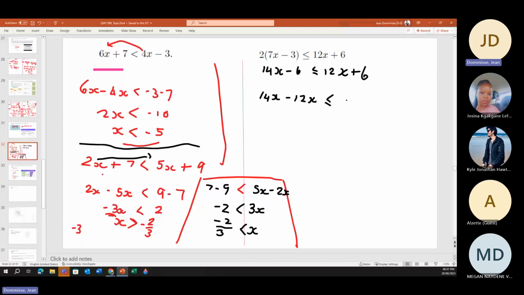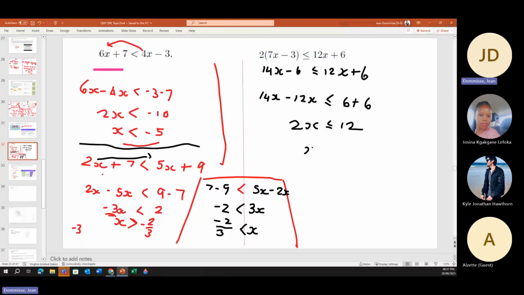On the other side, I'm going to take the minus 6 over, so it becomes 6 plus 6. So 14x minus 12x is 2x, smaller or equal to 12, and then you get your x that is smaller or equal to 6. Okay.